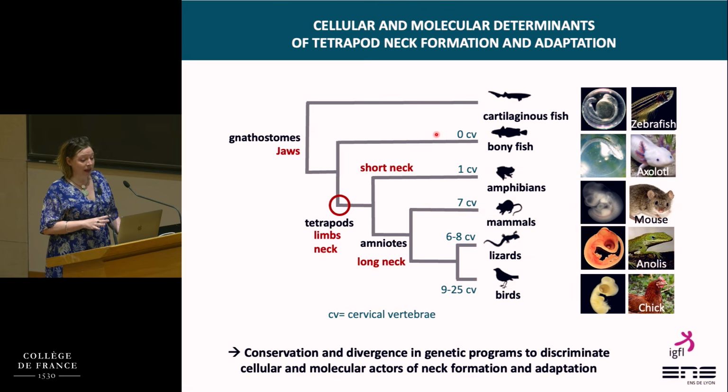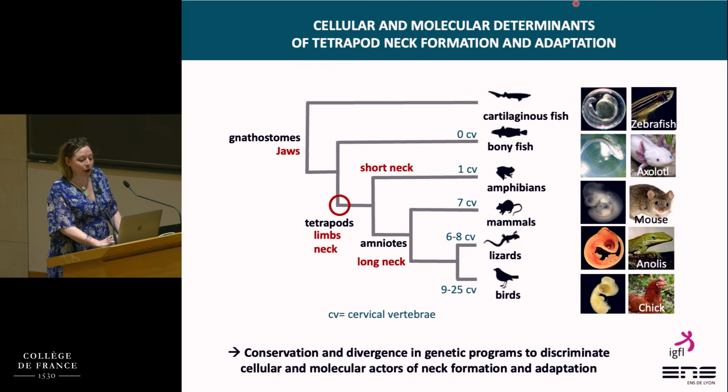So my team, now recently established at the Institut de génomique fonctionnelle de Lyon, is now investigating the cellular and molecular determinants of tetrapod neck formation and adaptation, and here by studying different vertebrate model organisms to access the disparity of forms, length, and function of the neck in tetrapods.